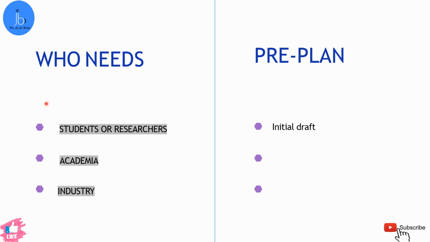Now coming to pre-planning, I am emphasizing that you shouldn't wait for your final project to complete. You can start the initial draft at any stage, because we are working on some dissertation, training, or project. We have some idea of what we are doing, what we are expecting, and what the relevance of those results will be.